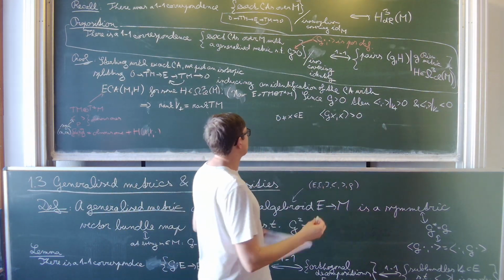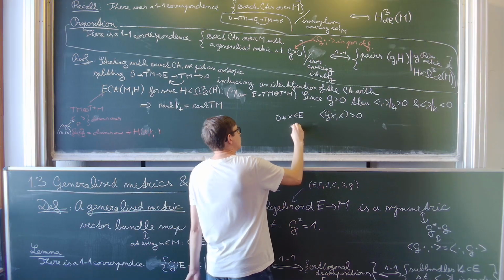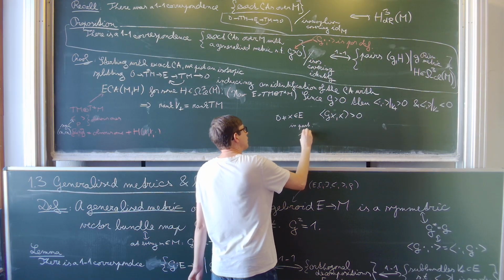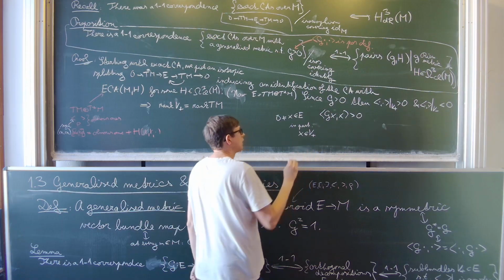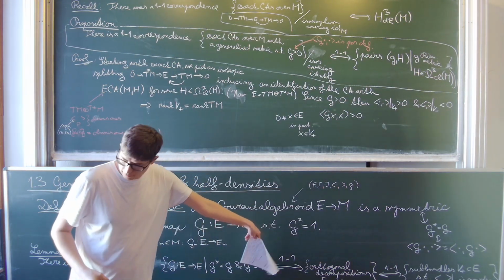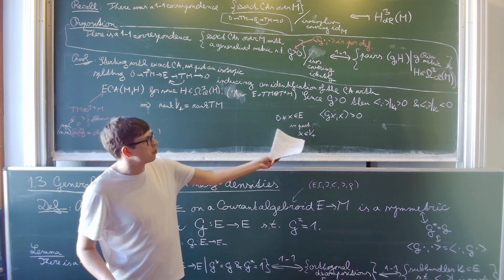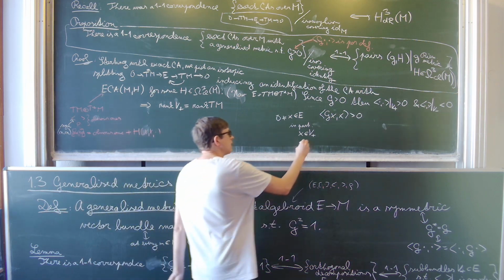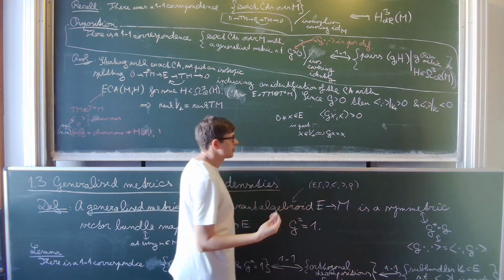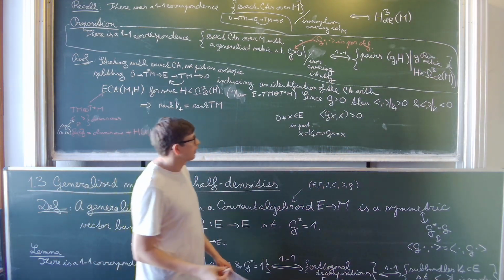Now in particular I can take X to be in V plus. I already have my G, so I have a splitting. So I take X in V plus, which is to say G on X is X. It's a plus eigenvector.